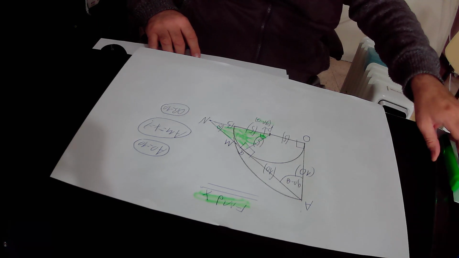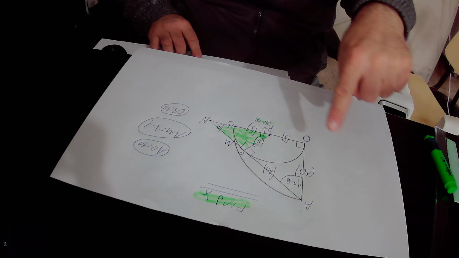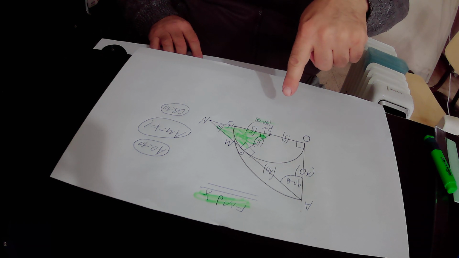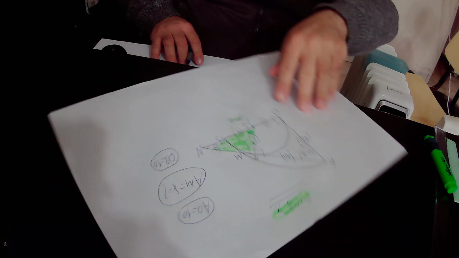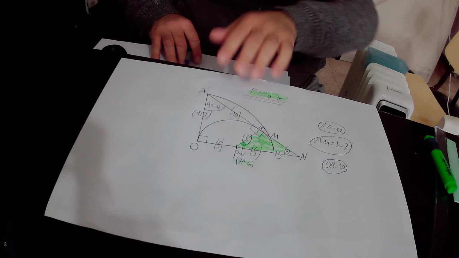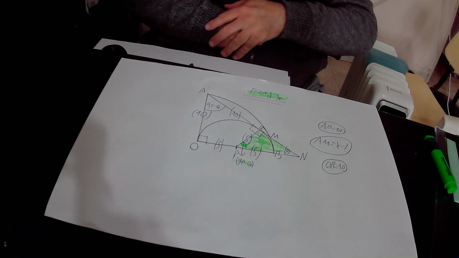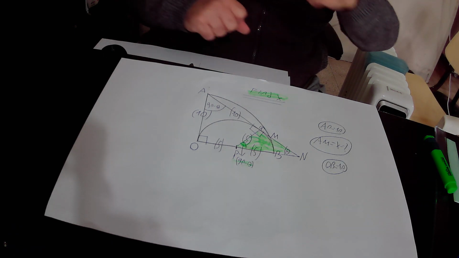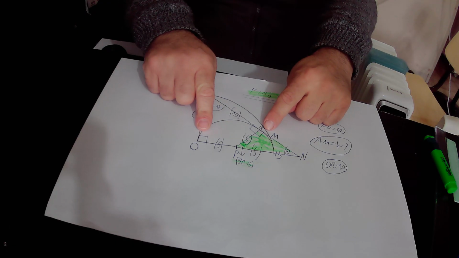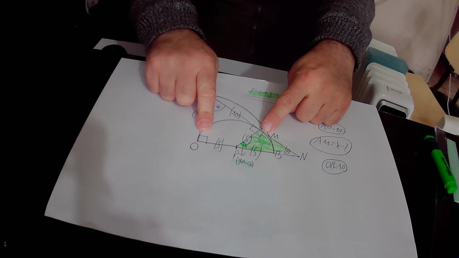Why are those two right triangles similar to each other? First of all, those two angles are both equal to 90 degrees, therefore they are equal to each other.